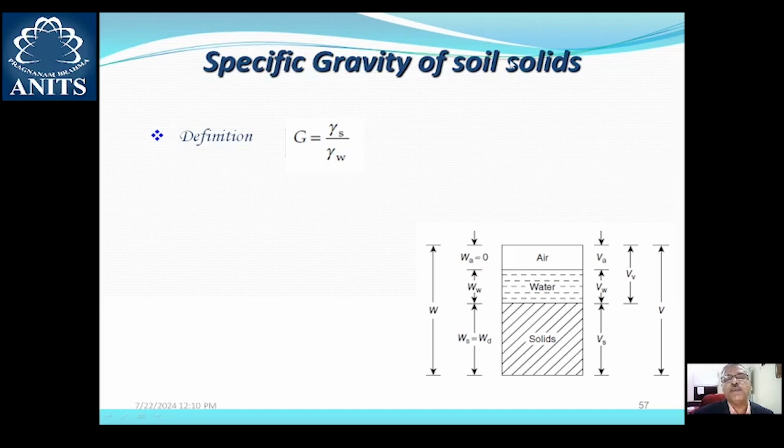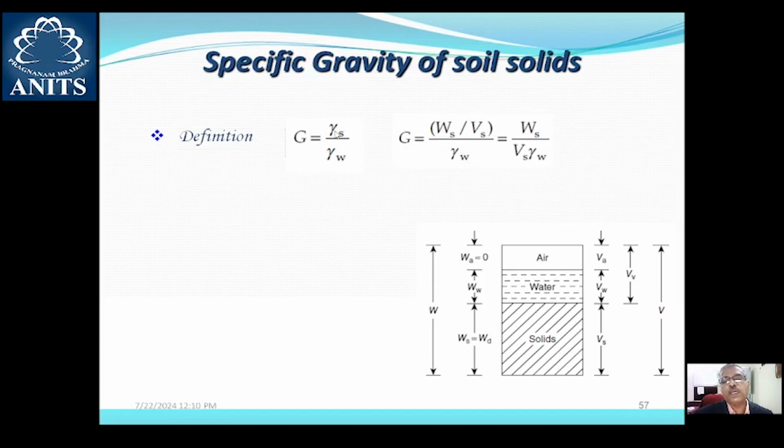Now, the specific gravity of soil solids, which is the first type of specific gravity we are defining, the symbol is G, and it is defined as the ratio of unit weight of soil solids to the unit weight of water, G equal to gamma S by gamma W.